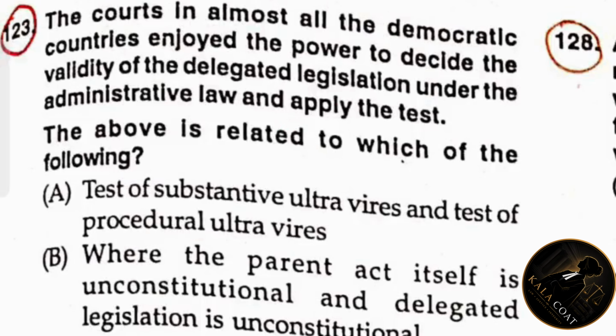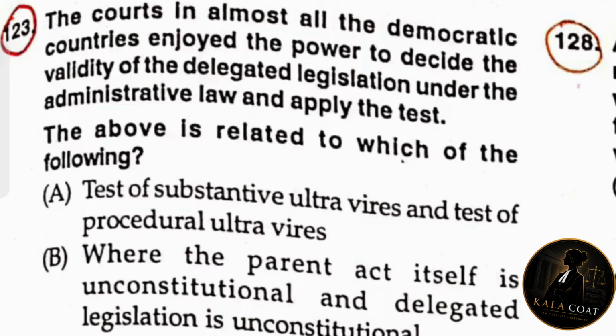Next is question number 123. The courts in almost all the democratic countries enjoy the power to decide the validity of the delegated legislation under the administrative law and apply the test. The above is related to which of the following?